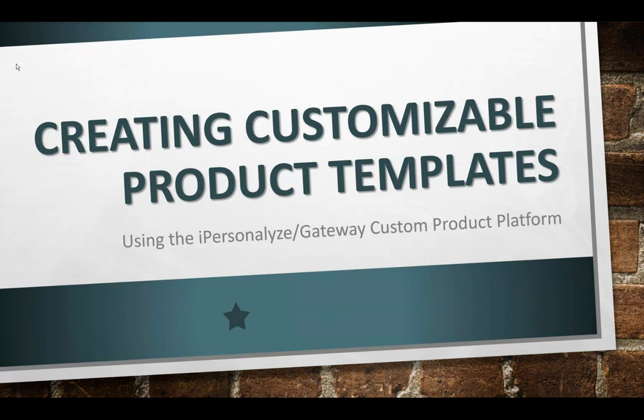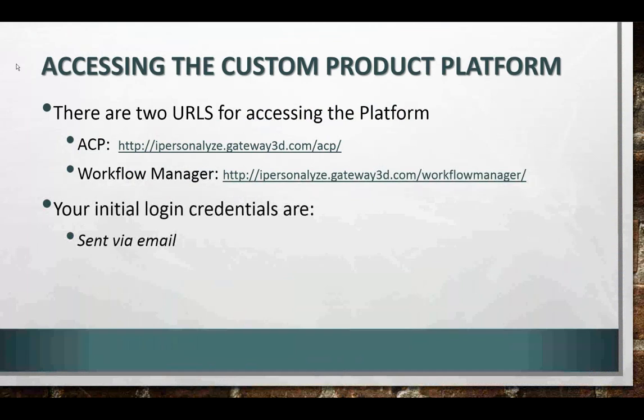So off we go. We're creating these customizable product templates, and that's what we're talking about today. I'm going to try to focus on the basics here. Right now, there are two URLs for accessing this platform.